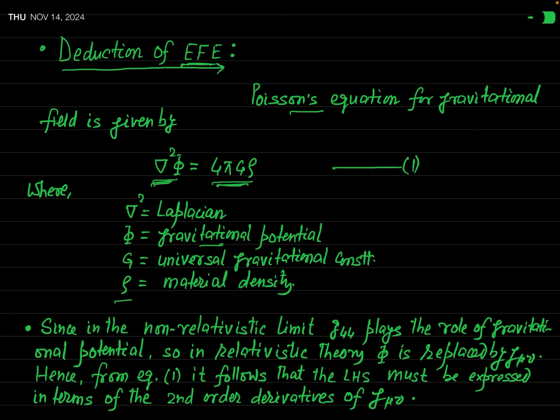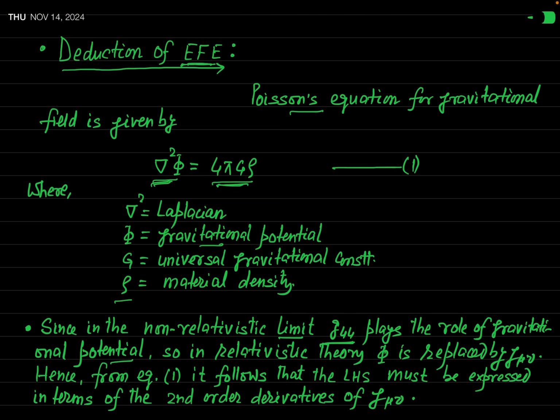And in this regard, when you have studied the fundamental tensor, you have seen that in the non-relativistic limit, that is, when you talk about a speed much smaller than the speed of light, this fourth component of the fundamental tensor, G44, plays the same role as the gravitational potential phi.